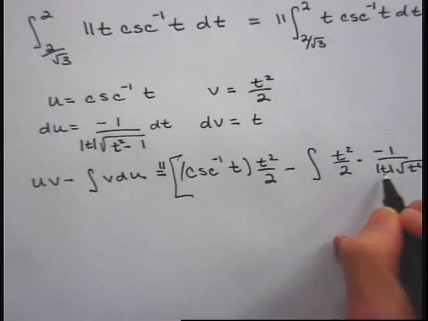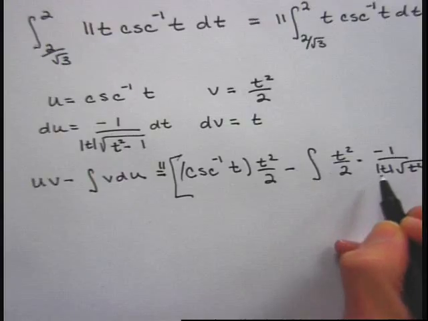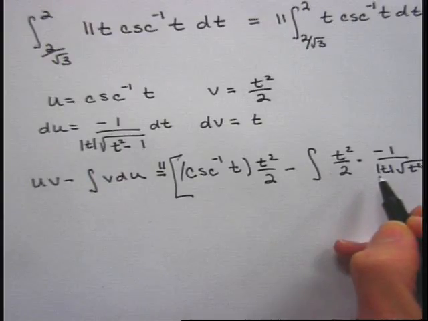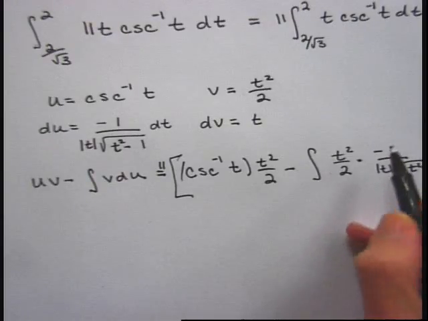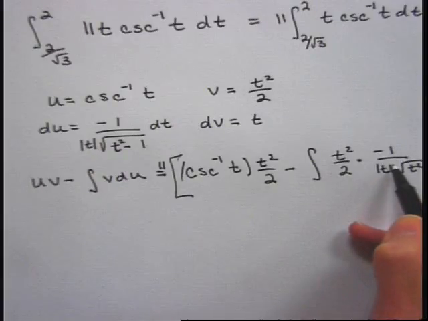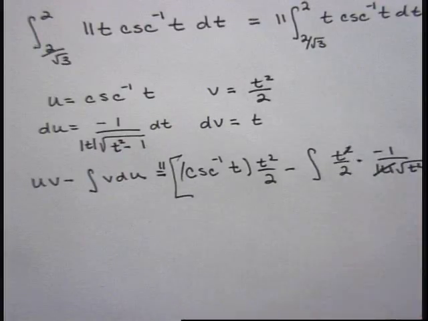The absolute value of t we don't have to worry about, because our limits are positive, from 2 over the square root of 3 to 2. And what happens then is we're able to cancel this with one of these.